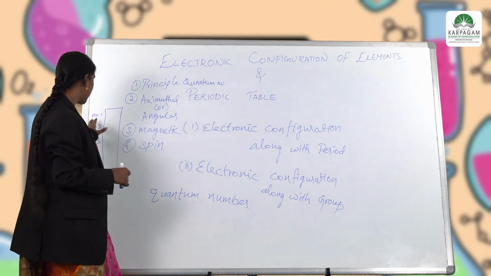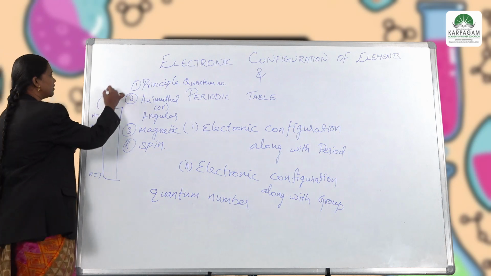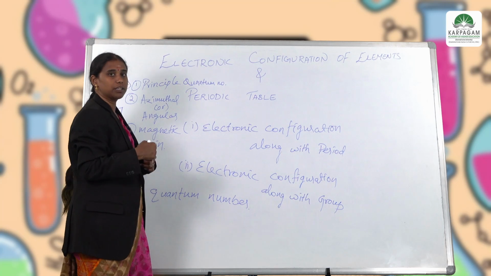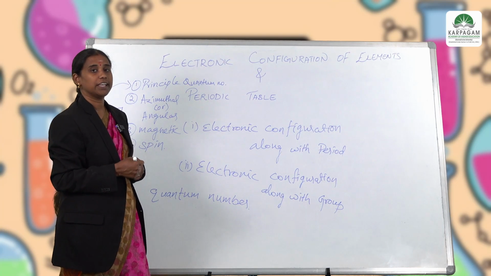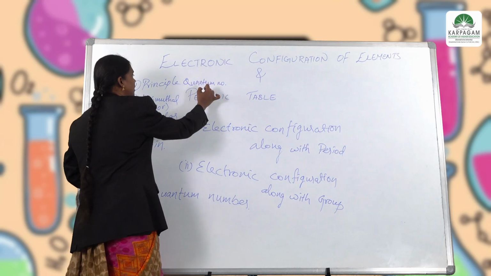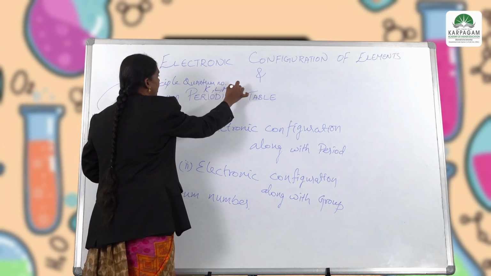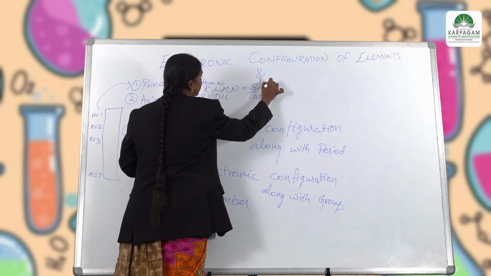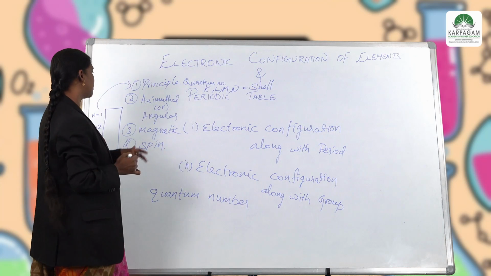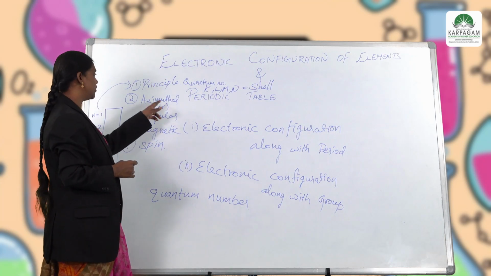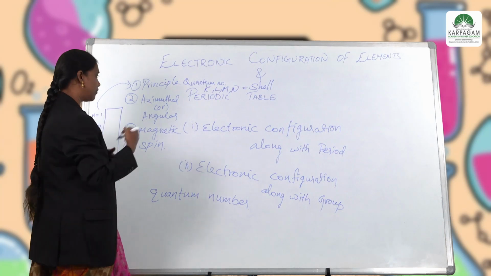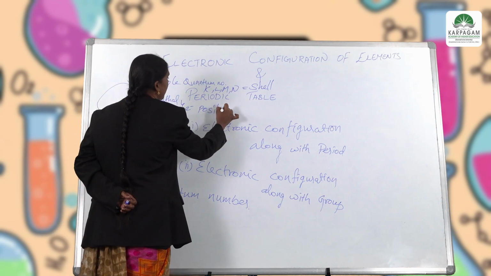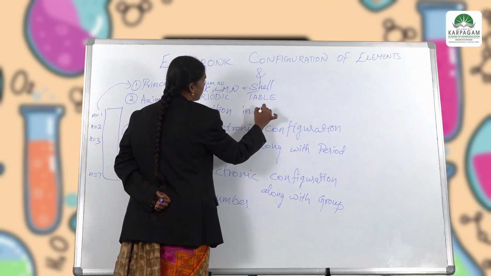Here the n numbers follow the principal quantum number. The principal quantum number defines the electron filling in the main shells, that means K, L, M, N are referred to as shells. Next, the second quantum number, the azimuthal or angular quantum number, explains the electron position in the orbitals.